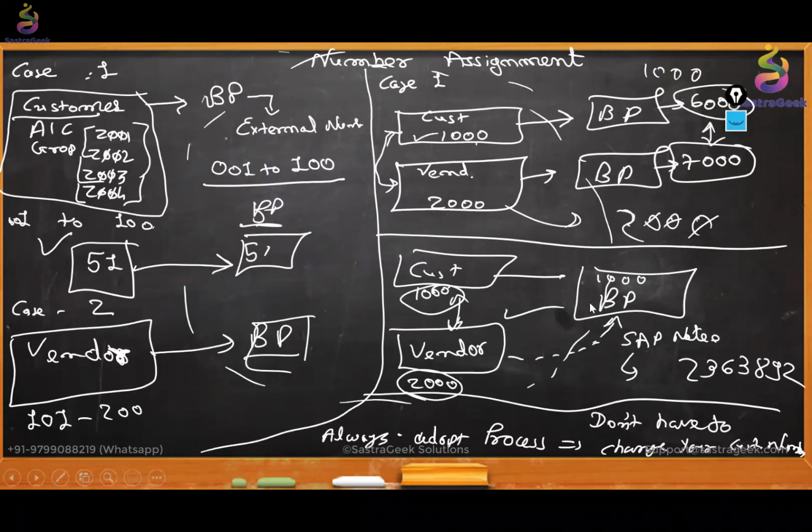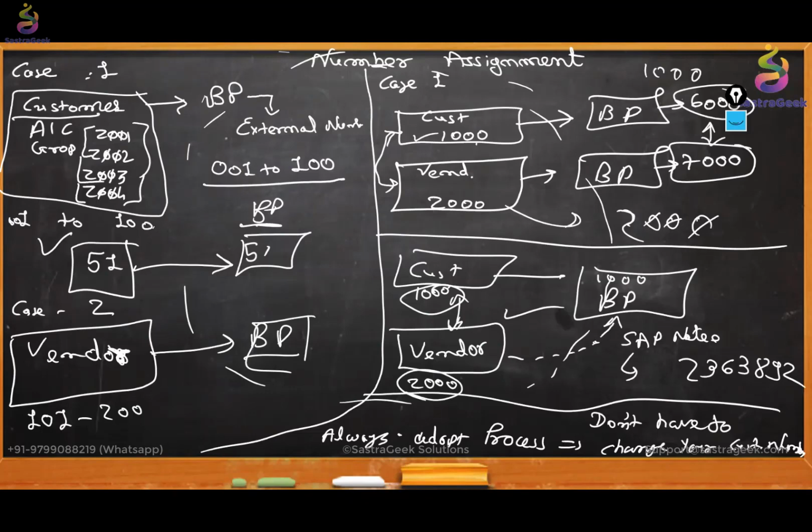In that setup, SAP does some pre-checks for this activation. The first pre-check is that your customer and vendor are mutually assigned. Within the customer there is a vendor field, so within 1000, that 2000 should be assigned as a vendor, and vice versa.